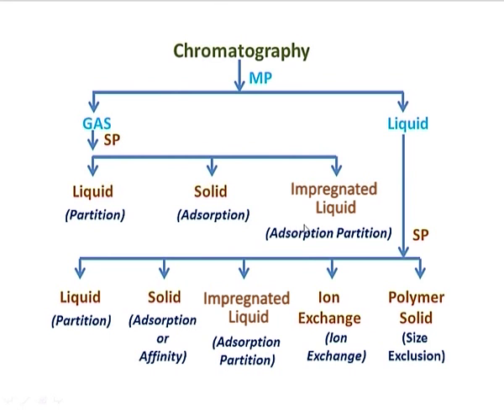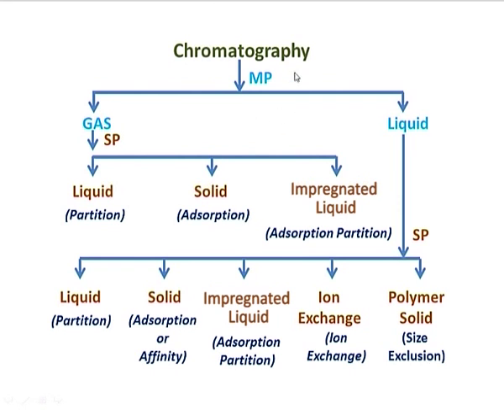So, this coated particle is then impregnated in the column, and such a column would have impregnated liquid as a stationary phase, and the resulting chromatographic method would be called gas liquid adsorption partition chromatography.